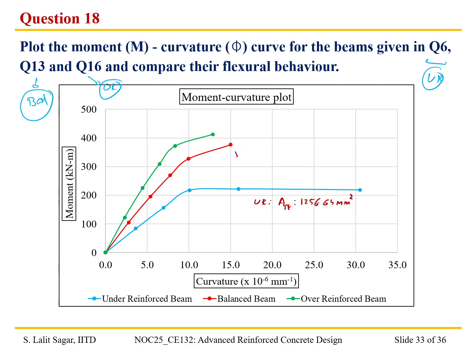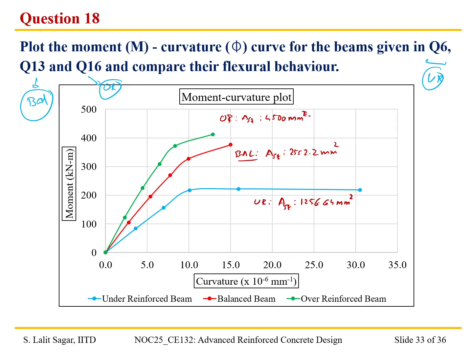And for the balanced section, AST was 2552.2 millimeter square. And for the over reinforced section, AST was 4500 mm square.